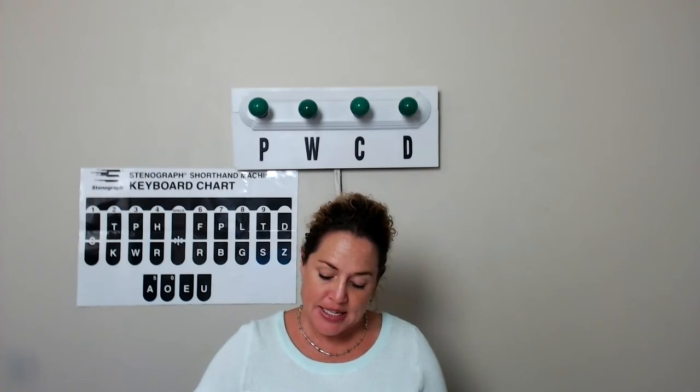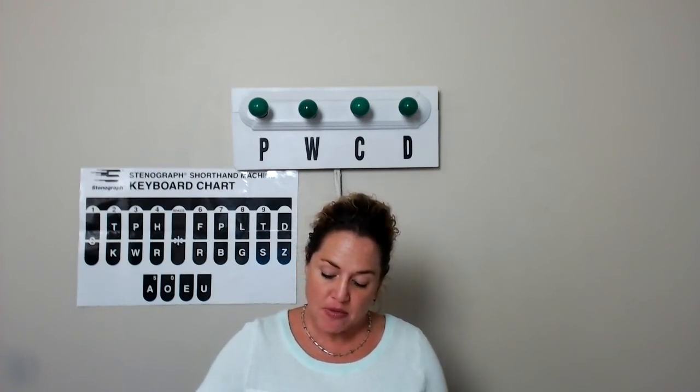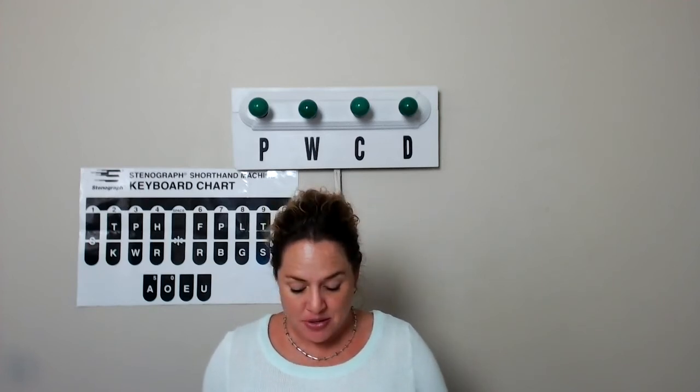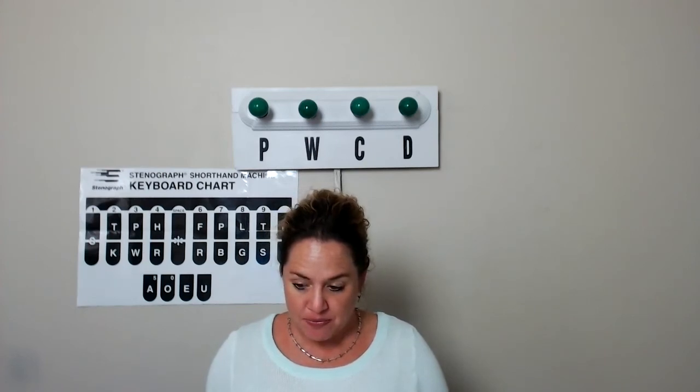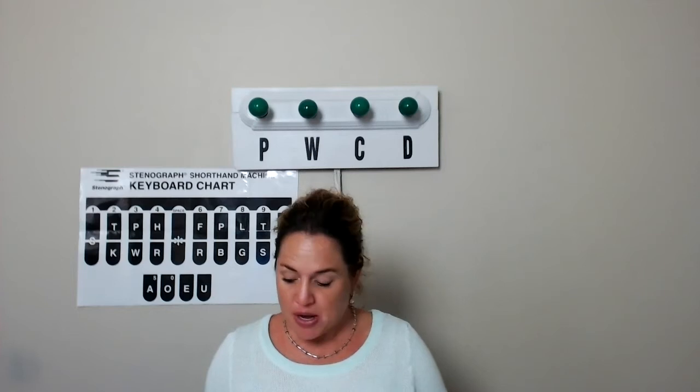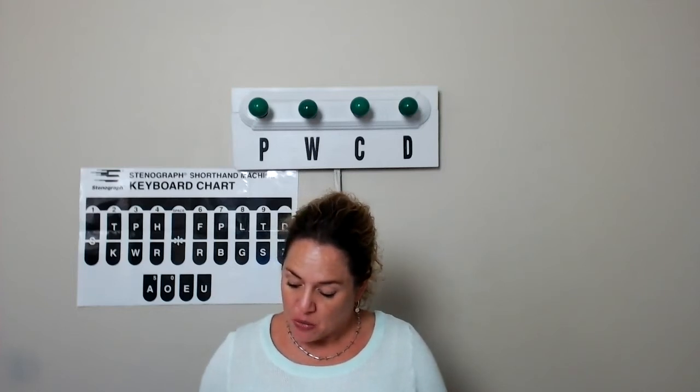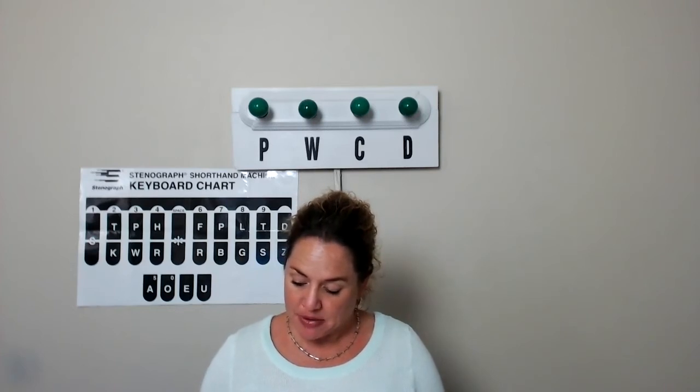Number 10, is not. She is not going. Is not. Number 11, and you. I will go and you will go. Number 12, are not. We are not excited about it.